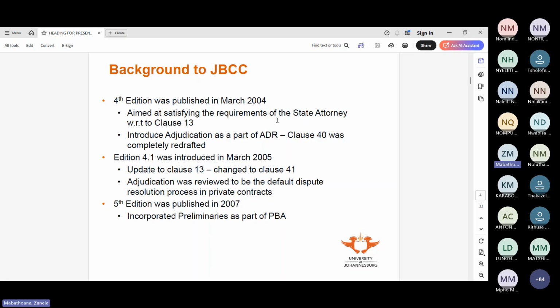The toilets on site, all of those that you cannot price in square meter or in volume, cubic meter or number, they go into your preliminaries. So the Association of South African Quantity Surveyors prepares the preliminaries based on the JBCC edition that's in circulation.